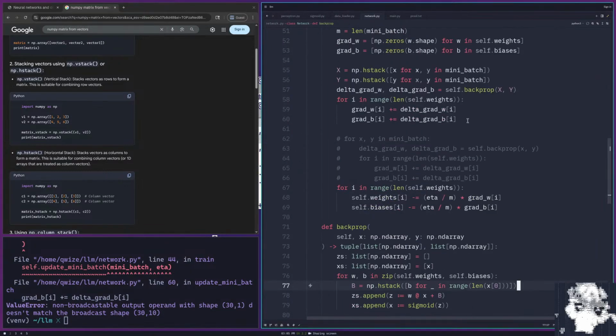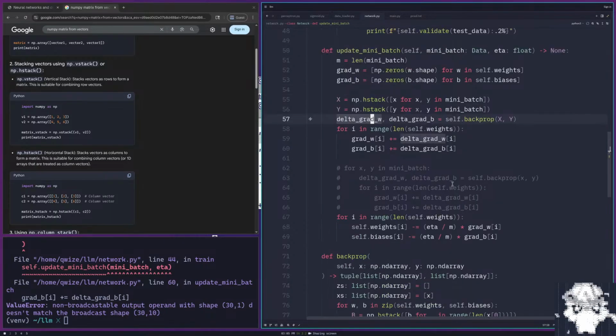Line 60. So I've calculated them all at the same time, but now when I want to add them to gradient, I can't just do plus equals, because this will be bigger than this, because this has multiple, I want to sum all of the rows. Don't I have the same problem with W?